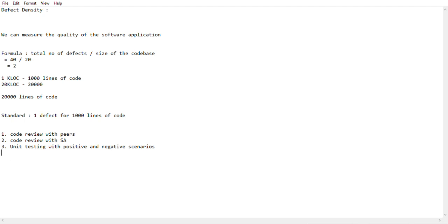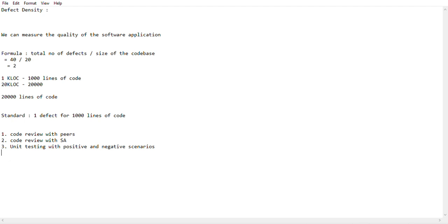So this is the final stage where the developer should concentrate. Unit testing should be done with their scenarios, and they should also involve testers, so that we can reduce the number of defects at the time of final testing.